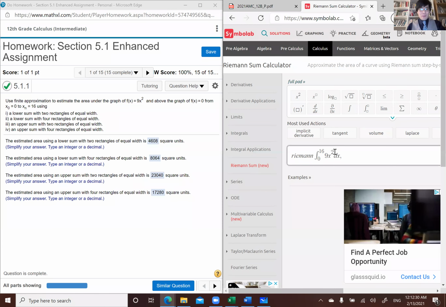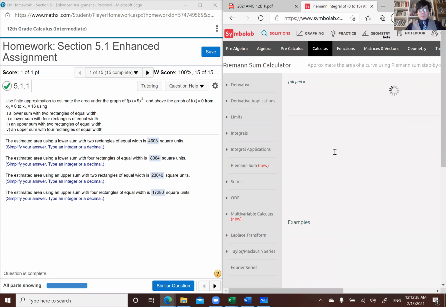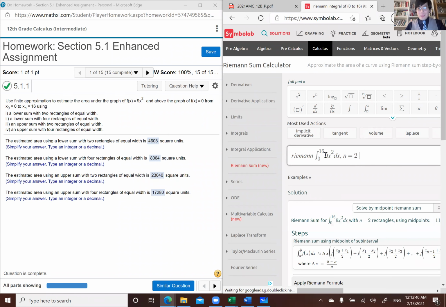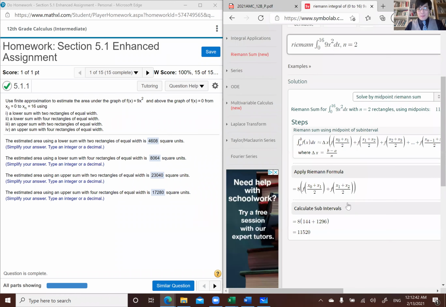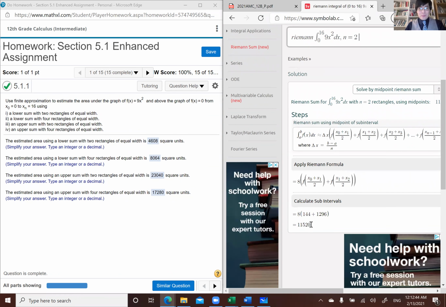Now you want to choose at the end the number of rectangles. So let's choose 2. So now you're going to get 11520. This is the case when we use a midpoint Riemann sum. If we choose left points, we're going to get the lower sum in this example.